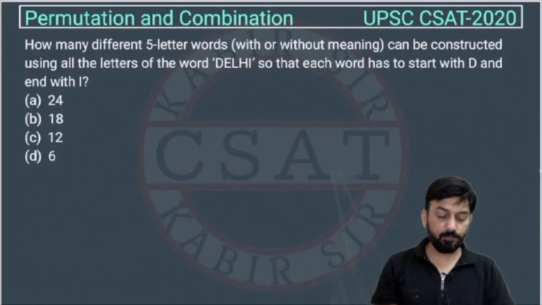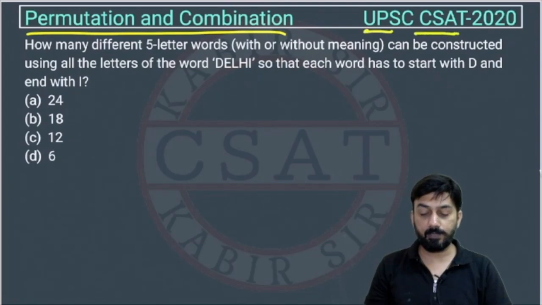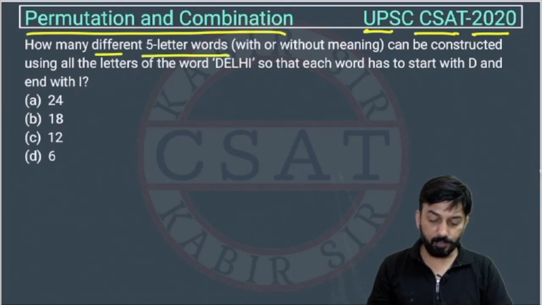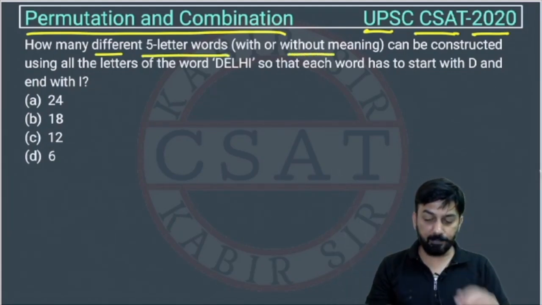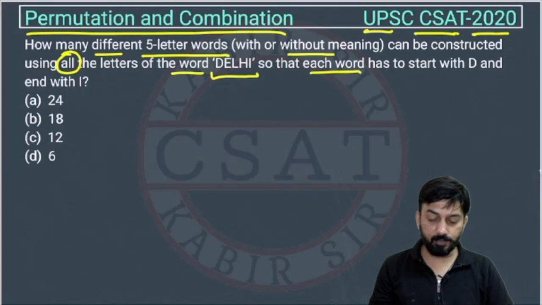So this is a question from Permutation and Combination chapter asked by UPSC in their CSAT paper of 2020. How many different 5-letter words with or without meaning can be constructed using all the letters of the word Delhi, so that each word has to start with D and end with I, right?